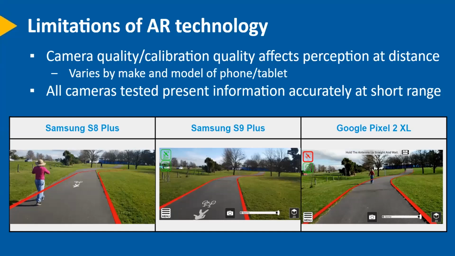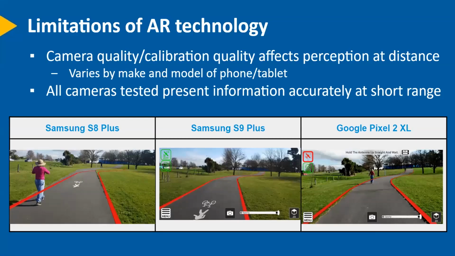Different devices have different cameras, and those different cameras have different capabilities, especially as it relates to the drawing of data further away from the user. So just a couple of comparisons here from the Samsung Galaxy S8 Plus, where further from the user, you can see that the data tails off from the edges of the pavement.